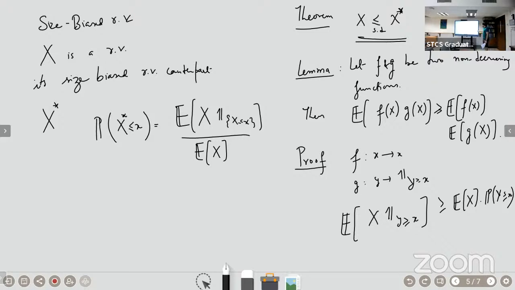I'm just writing so that you don't mix up too many. If you want, I can keep it now. Probability y greater than or equal to x is less than or equal to.